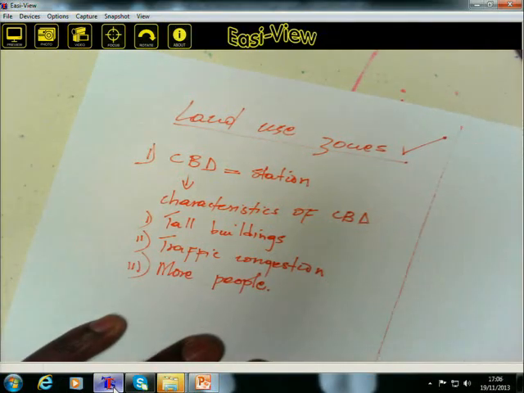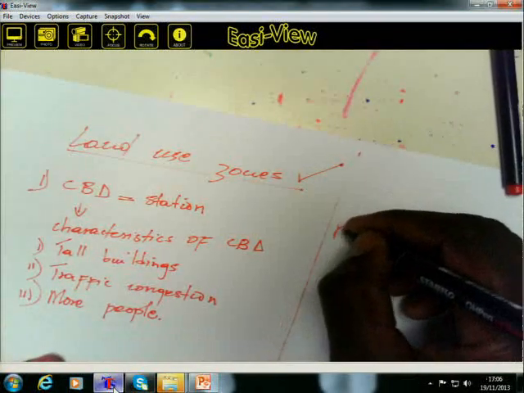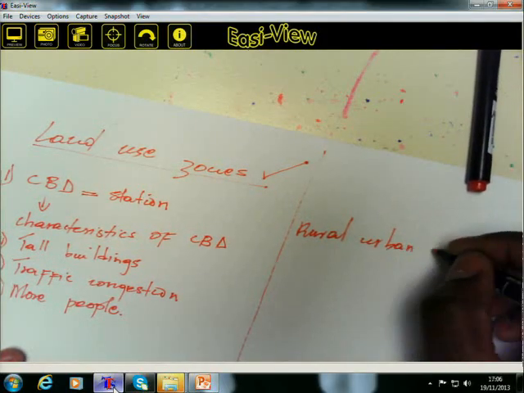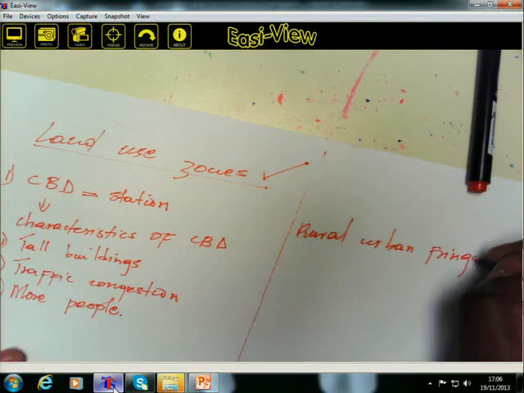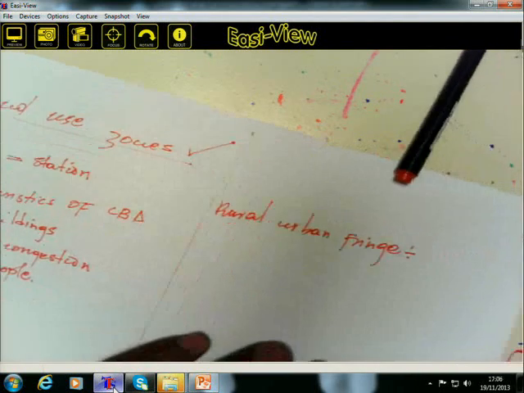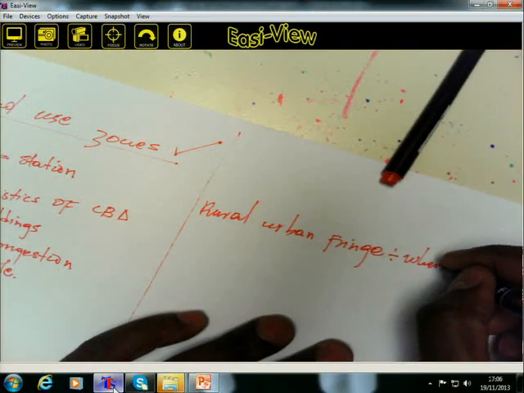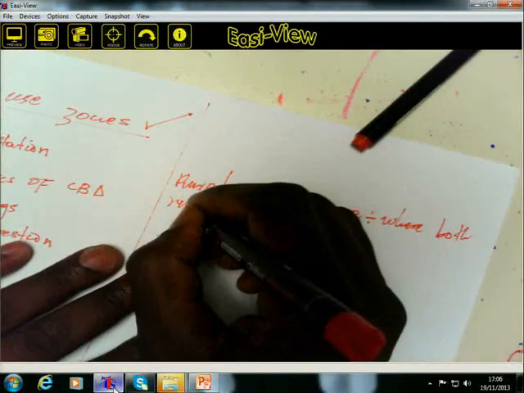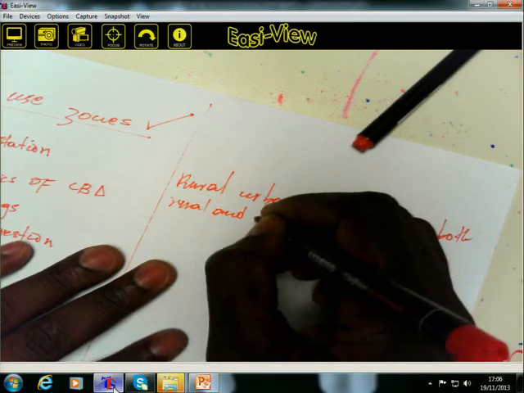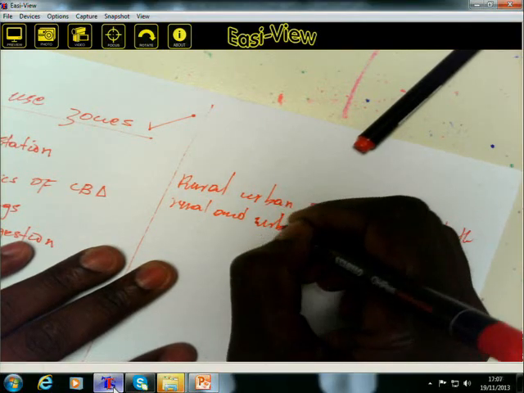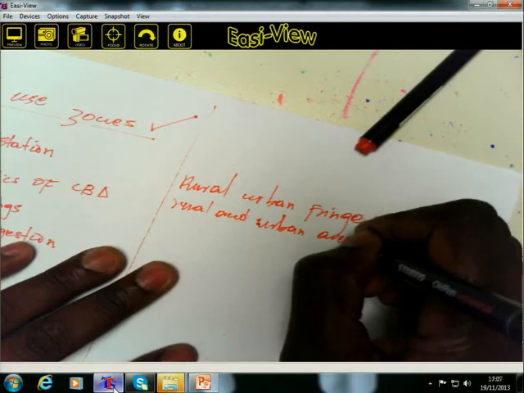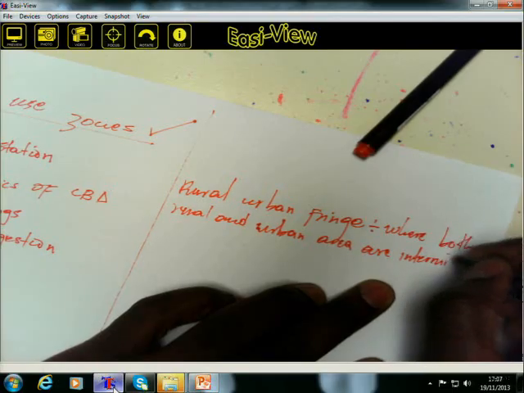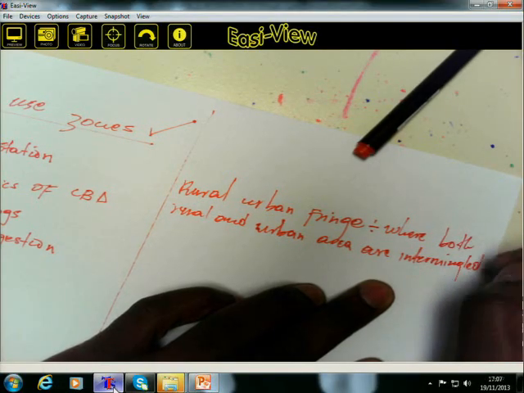We move from the land use zone. Now let's move to the rural urban fringe. How do you define the rural urban fringe? This is where both rural and urban areas are intermingled, or where they meet.